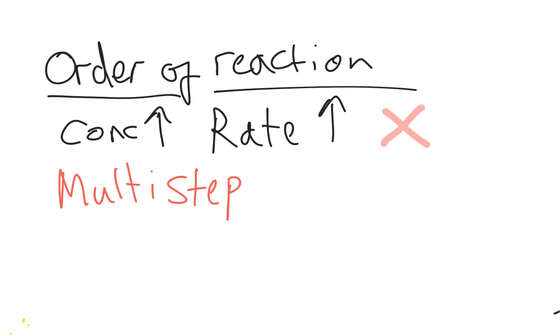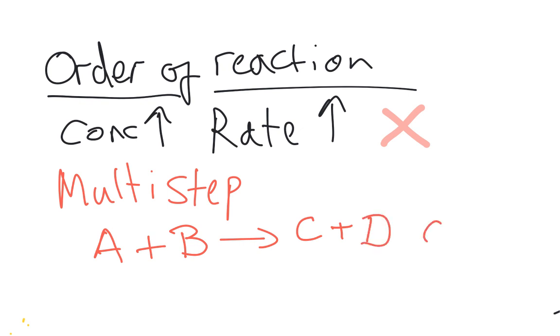So you could have an equation, something like A plus B. So chemical A plus chemical B makes C plus D, and that could be our overall equation.